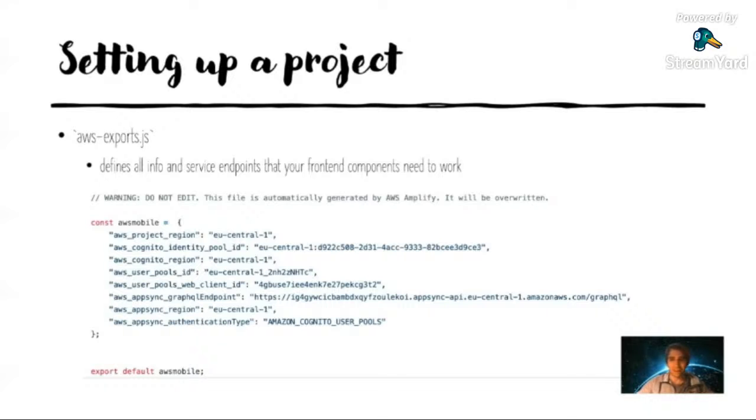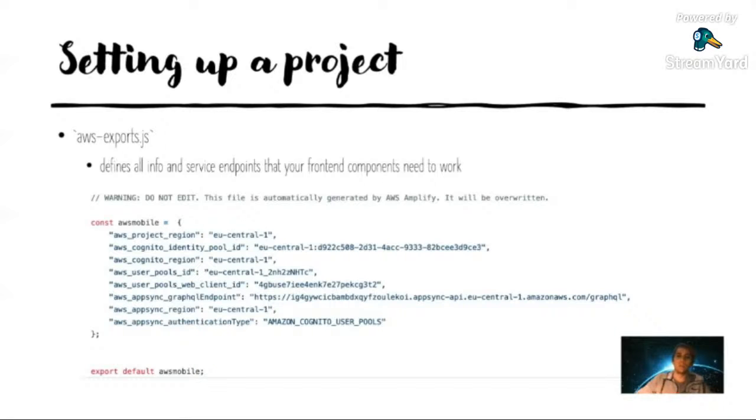Here you see the AWS exports file, and the AWS exports file is a file that is updated when you push your backend changes to the cloud, and contains all the information and all the service endpoints that your frontend needs to know about to communicate with your backend.